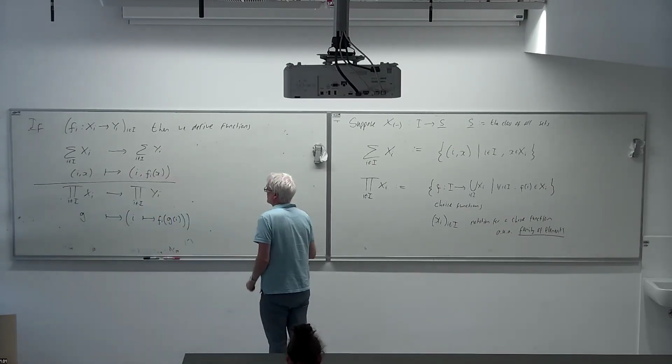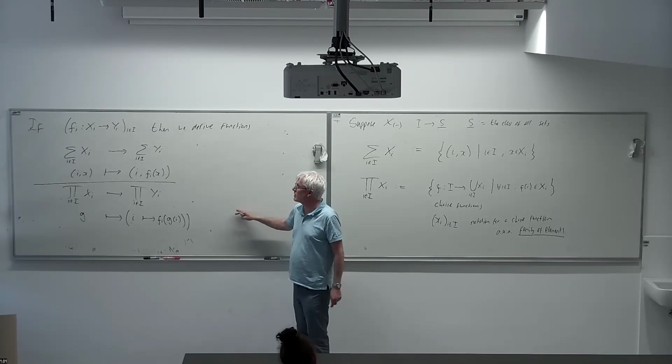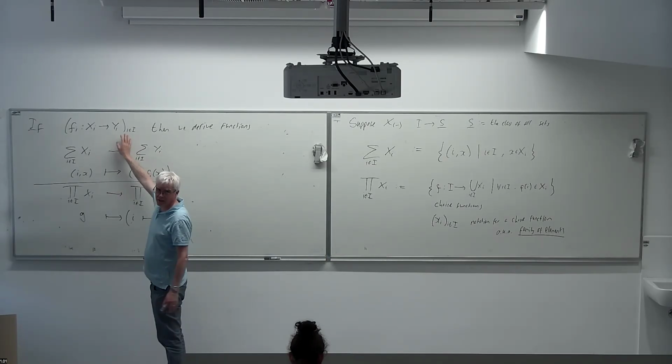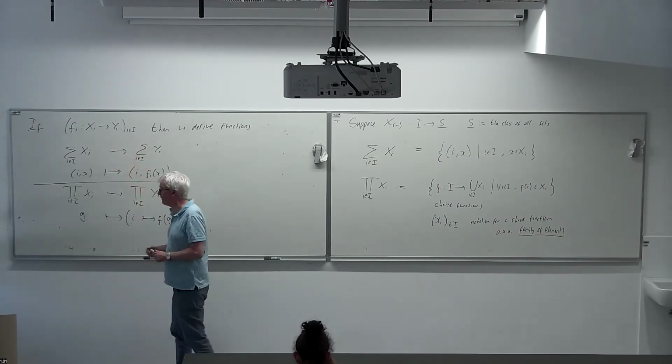And these operations are again functorial in that if the Xi's and the Yi's are identical, so it's the same family, and you have the identity functions everywhere, then you get the identity functions here, and also they preserve composition in the natural way.